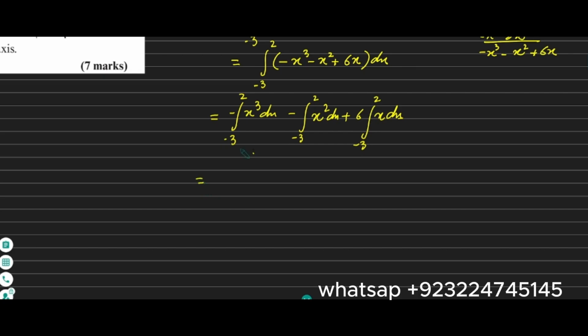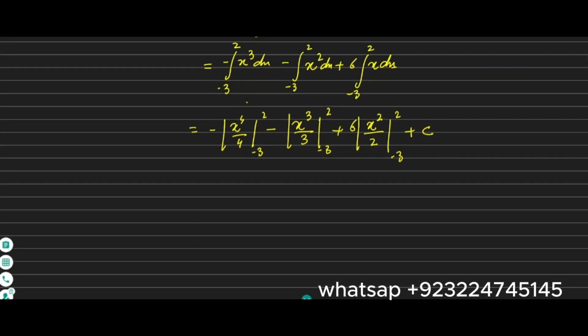When we integrate, we get minus x to the 4 by 4, and we write the limits minus 3 to 2, minus x cubed by 3, minus 3 to 2 limits, plus 6 x squared by 2, minus 3 to 2, plus c.